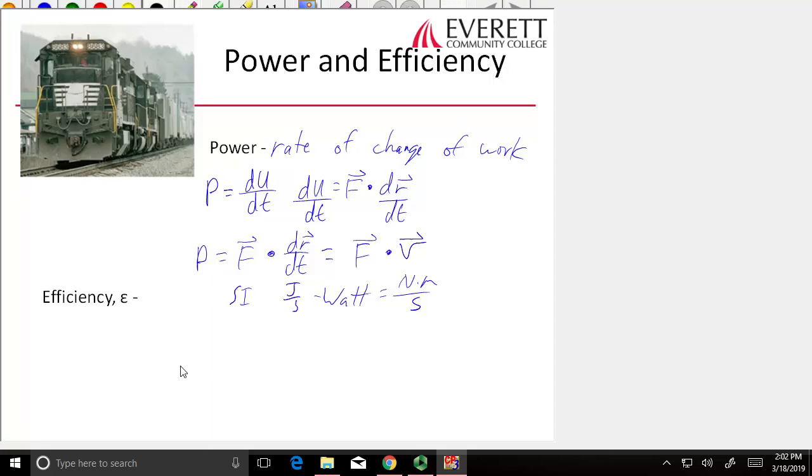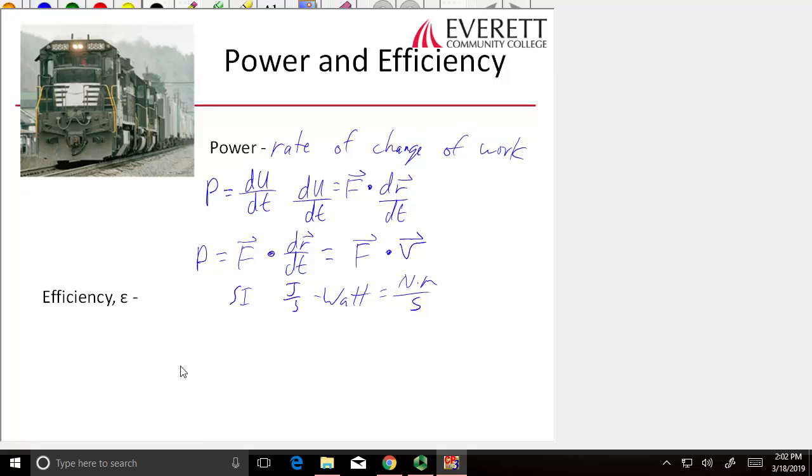And then in AES, what do we use for power? Yeah, horsepower. But do we ever use horsepower in an equation? No, never, ever, ever. Because the AES system is stupid, and horsepower doesn't work in an equation without making conversions.